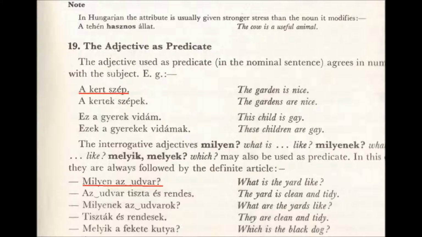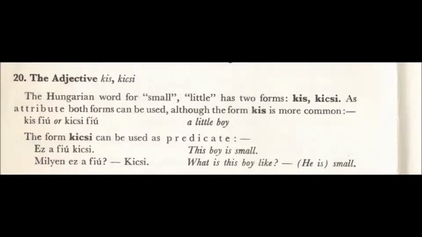And milyen az udvar? What is the yard like? What kind of a yard is it? And a nagy, the big one. And the adjective kis, kicsi, it has two forms. The Hungarian language is very rich. So kisfiú, or kicsi fiú, a little boy.